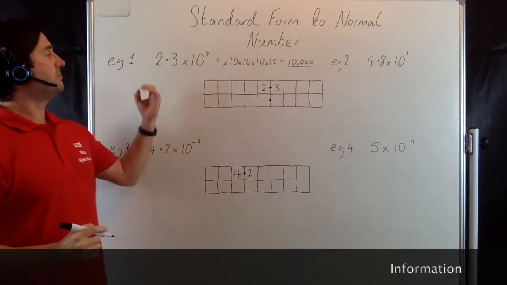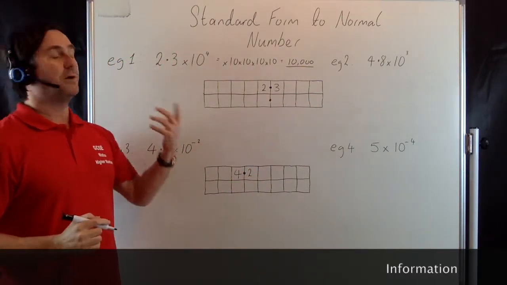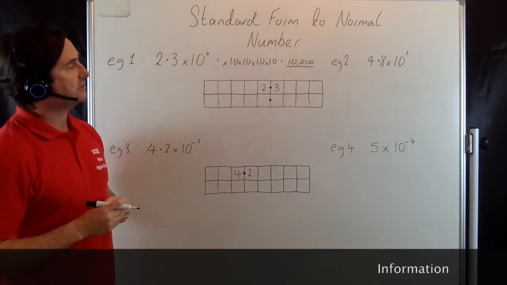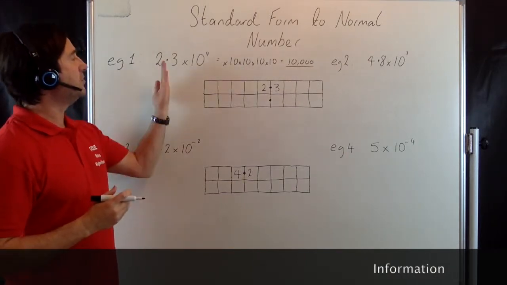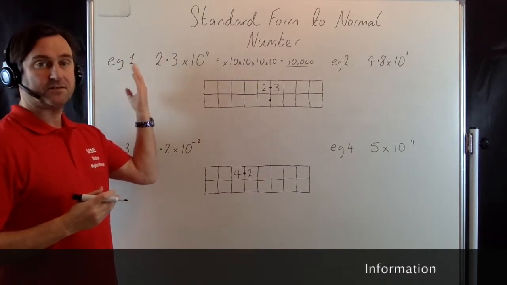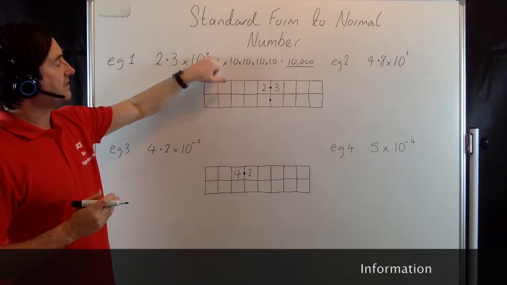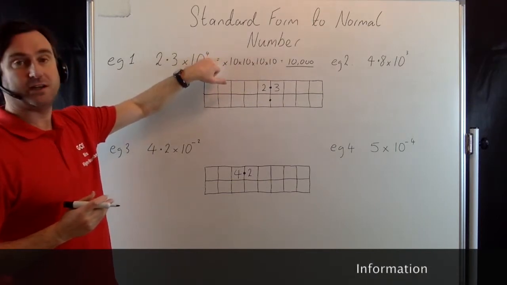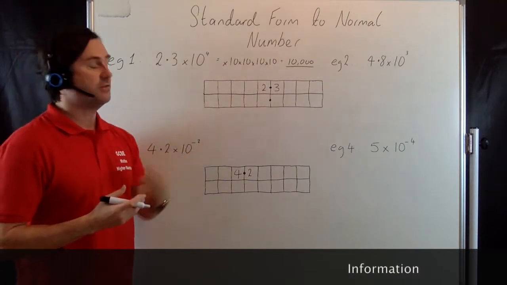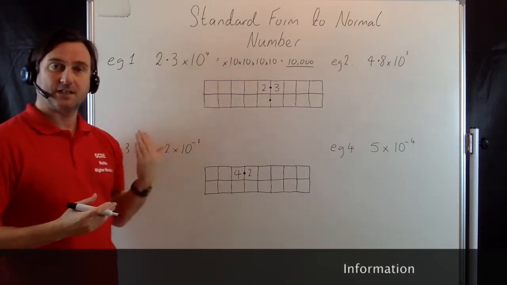So we've got to multiply 2.3 by 10,000. If you're multiplying something by 10,000, what we're in effect doing is moving the digits 4 places to the left. So that ties in to the power here, raised to the power of 4. We're going to move our 2.3 4 places to the left.